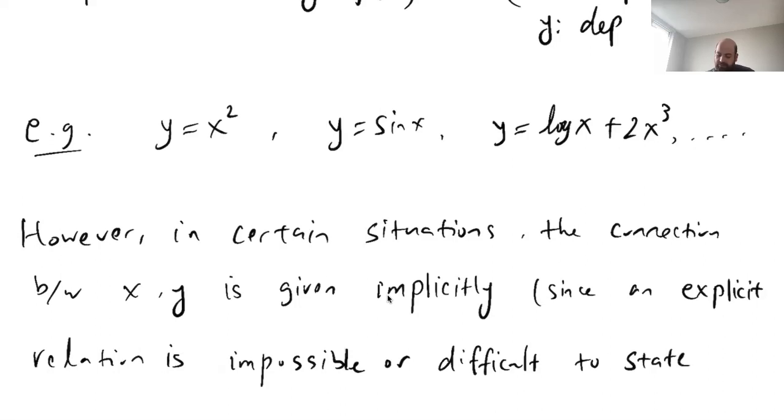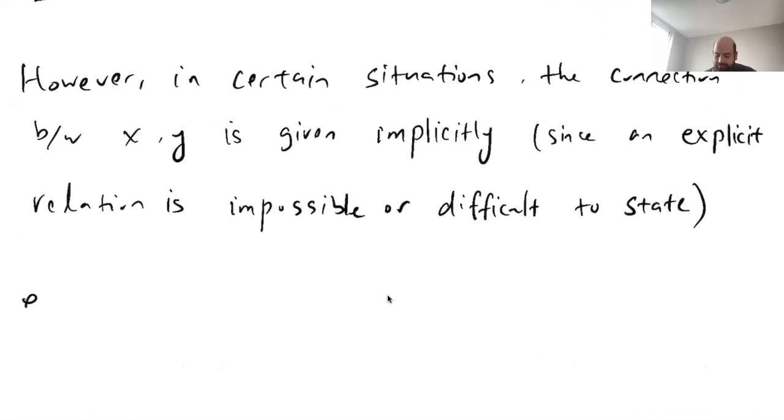It's impossible or difficult to state an explicit relation. So in those cases, we have to suffice with an implicit relation.